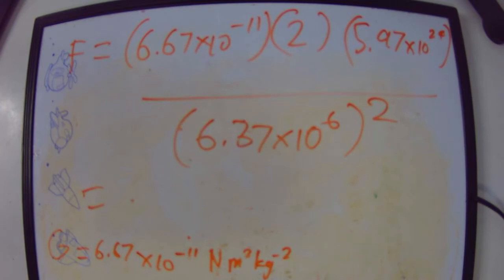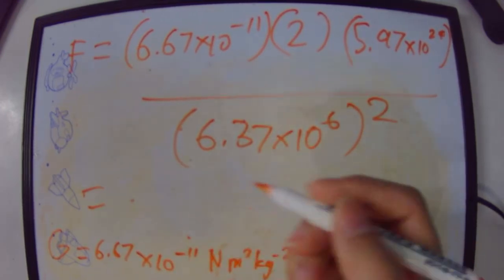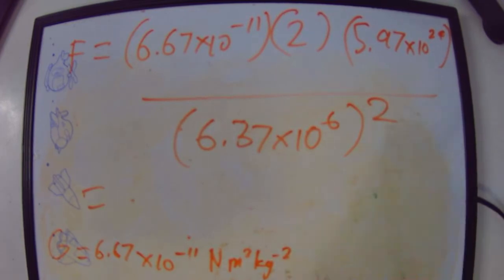Divided by 6.37 times 10 power of 6 square. So my calculator tells me that if I wrote down the full answer, it would be, wait, that can't be correct.